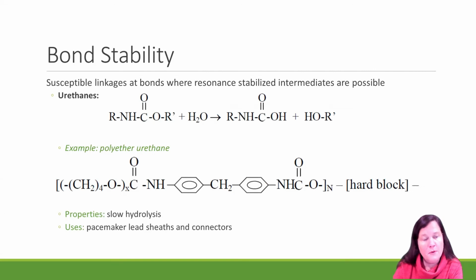Ethers also can be hydrolyzed, but again, this is very slow under ambient conditions and in the human body. Urethanes, polyurethanes were originally considered to be quite biostable, but they are not as biostable as originally thought. There is slow hydrolysis, but there is some appreciable hydrolysis, and that might be into actual defects in the polymer, different linkages than the actual polyurethane.